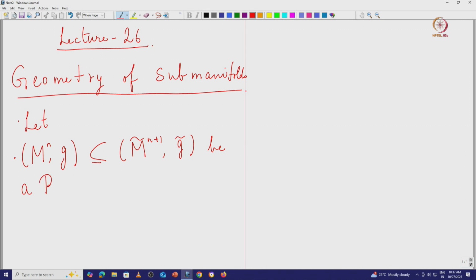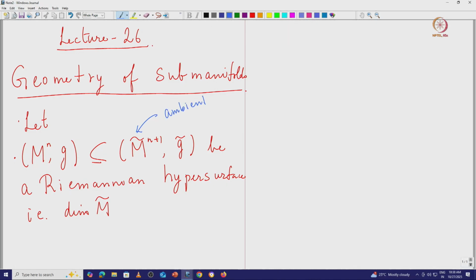So let this be a Riemannian hypersurface. Why do I call it a hypersurface? That just means that the dimension of the ambient manifold, M tilde, is the dimension of M plus 1, or equivalently we say that the codimension of M is 1.